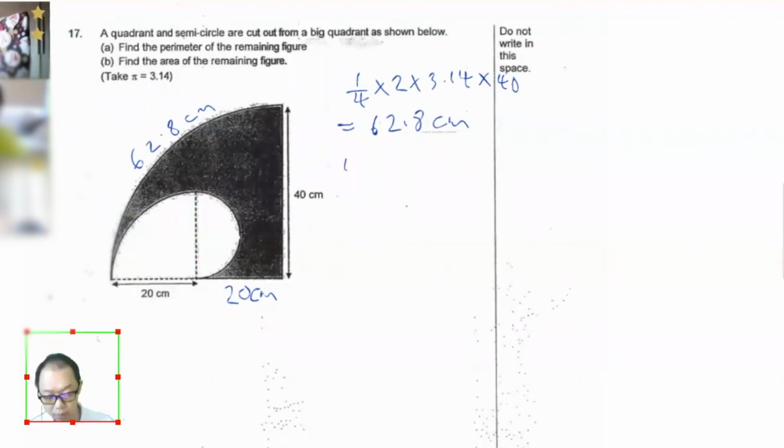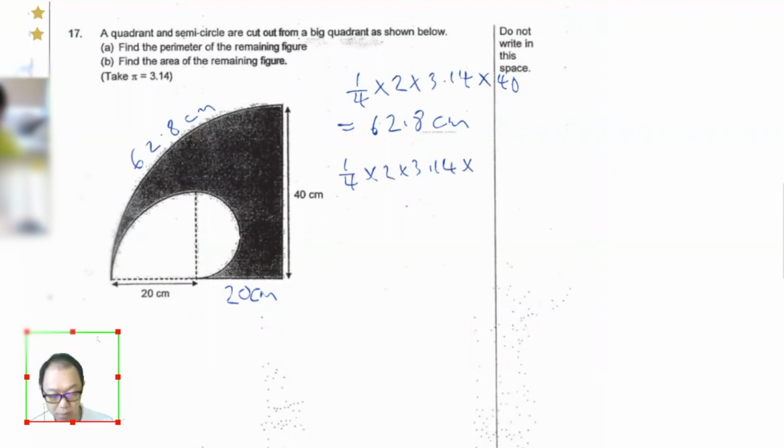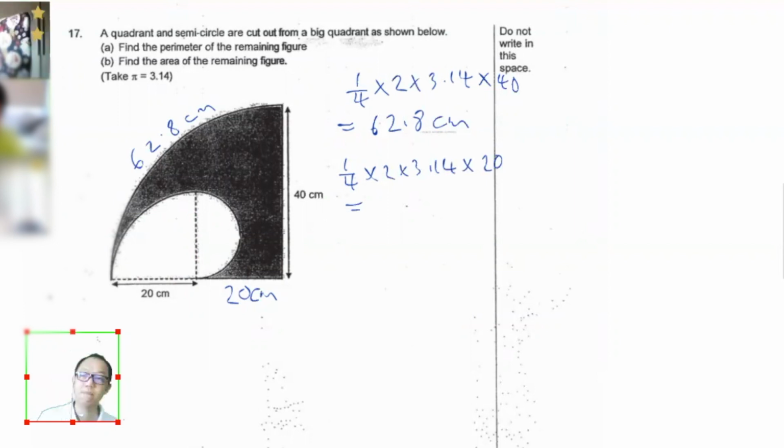So it's 1/4 times 2 times pi times 20. 2 pi r. 31.4. Yeah. So 31.4. Okay, that curve is 31.4.